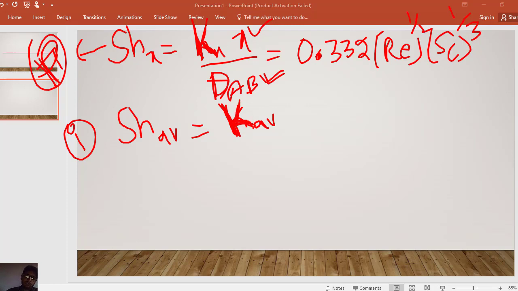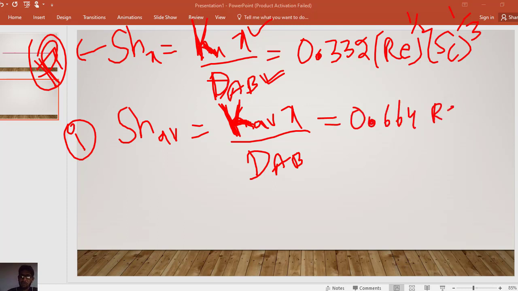So the average Sherwood number is equal to KAV into L divided by diffusivity of A and B, which is equal to 0.664 into Reynolds number to the power 1 over 2 and Schmidt number to the power 1 over 3, which was given in equation number I.